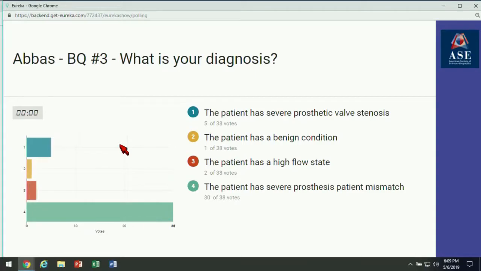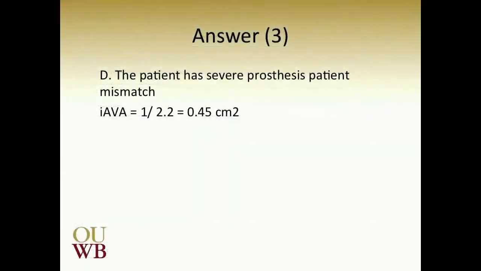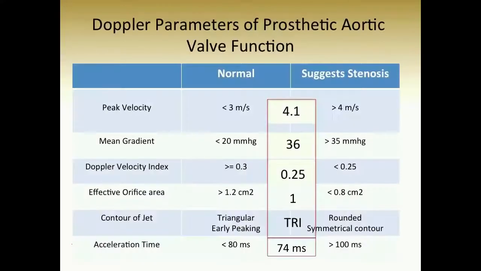Perfect. So the answer is indeed he has severe patient prosthesis mismatch. If you take the aortic valve area and divide it by his BSA, you get an estimated indexed effective orifice area. So let's go back and look at that answer. You can clearly see that despite the elevated velocity, he did have a triangular contour and his acceleration time was shortened, and his Doppler velocity index was in that gray zone.